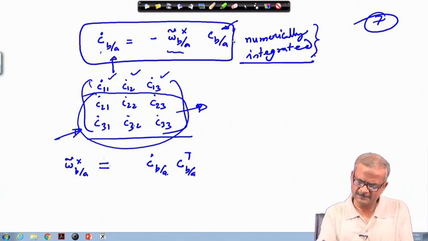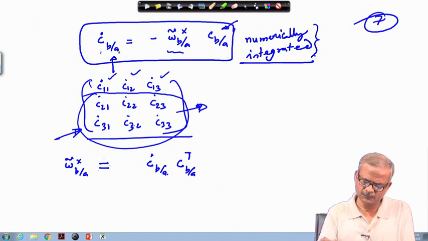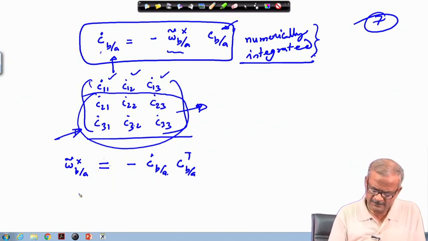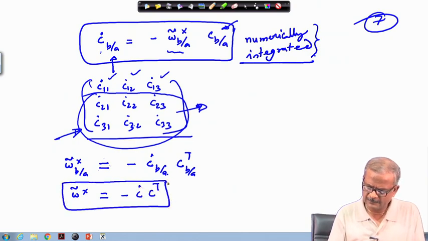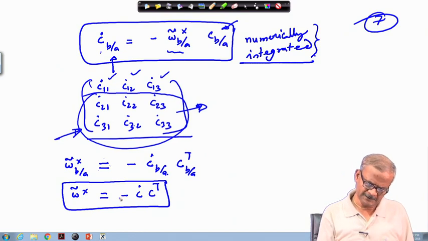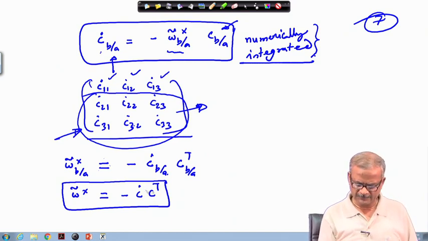We are doing this just by multiplying by C B A transpose on both sides, with a minus sign here. In general, I do not want to carry this, so I will write it in this format so that it gets simplified. This just indicates transformation from one frame to another frame for the angular velocity.